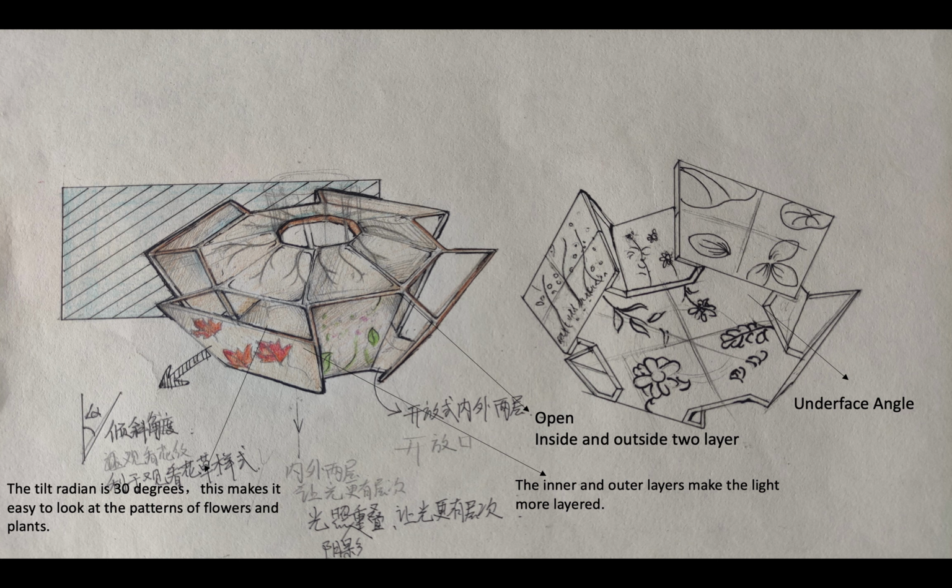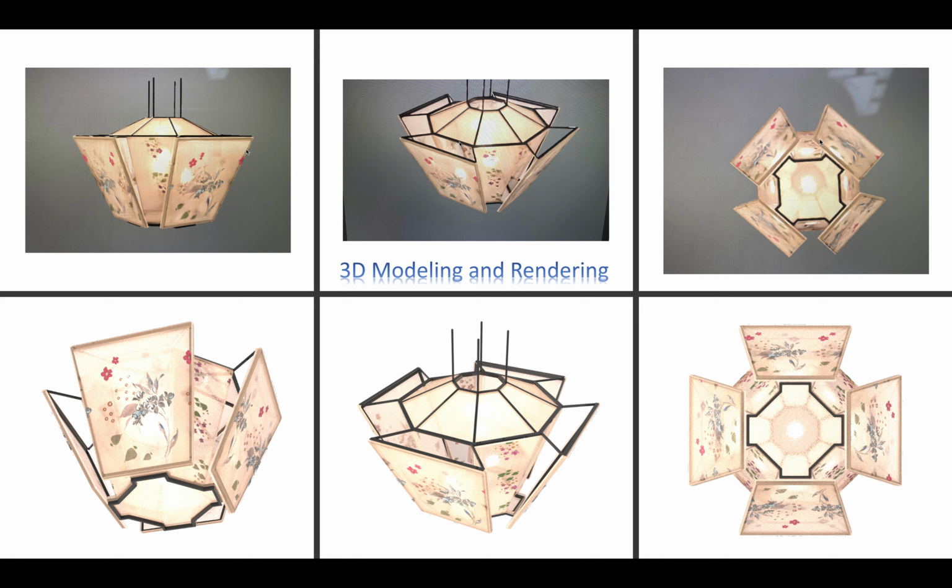Among them, the exterior tilts 30 degrees, which is more conducive to seeing the flower and glass design on the lamp. The whole chandelier is made of flower paper and bamboo strips. The combination of manual art and natural materials makes the whole design appealing and at the same time achieves the goal of low carbon and environmental protection.